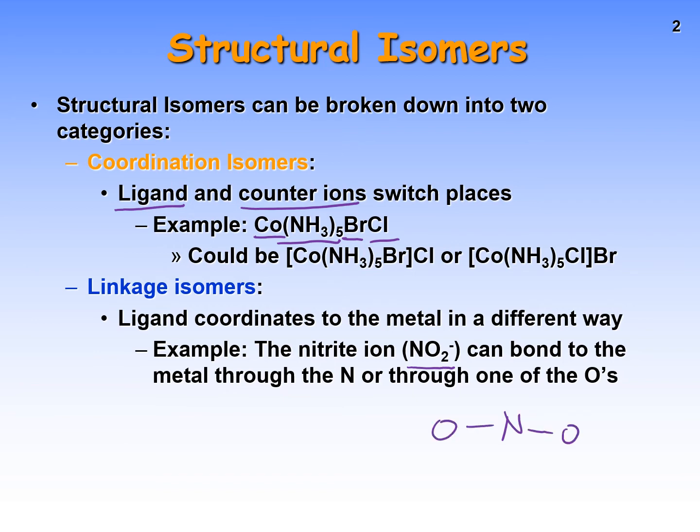NO2 has a total of 5 valence electrons here, 12 there, plus 1 for the negative charge. This gives me a total of 18 valence electrons.